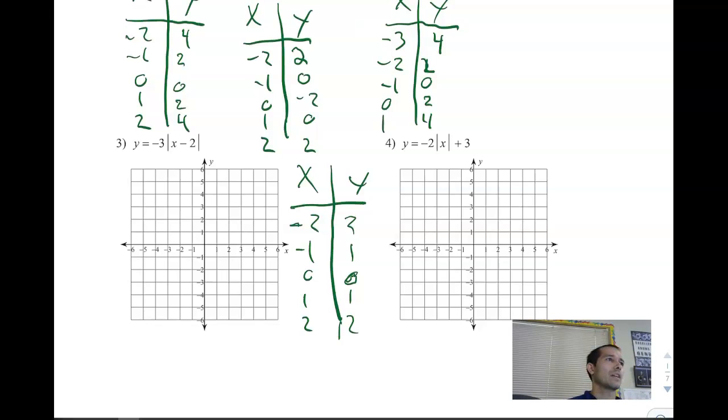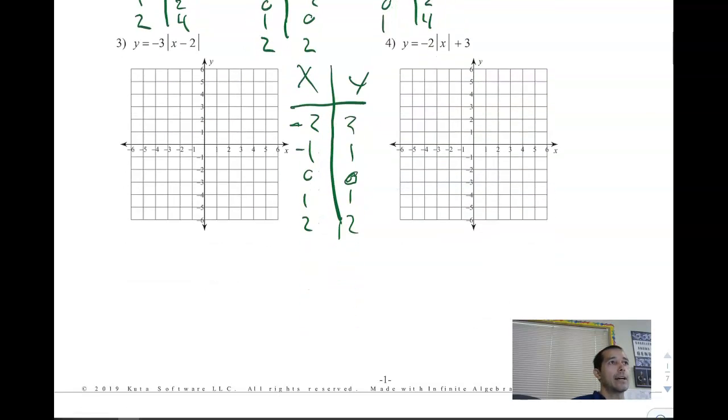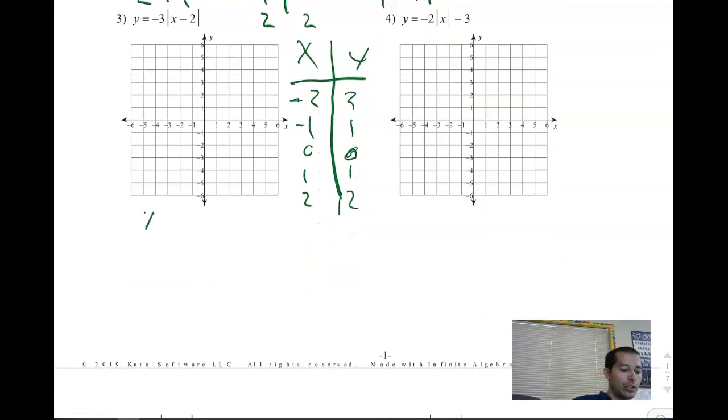And then we need to think about, okay, what do the numbers in the transform function mean? The minus 2 adds 2 to all the x values, and the negative 3 multiplies all the y values by negative 3. So if I write down the new XY chart for that portion, x minus 2 is going to do what?